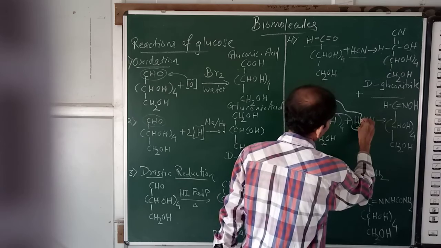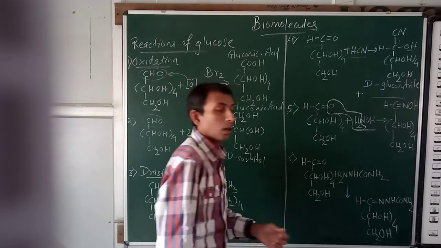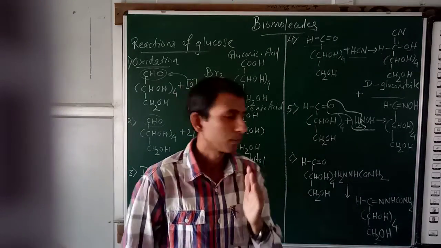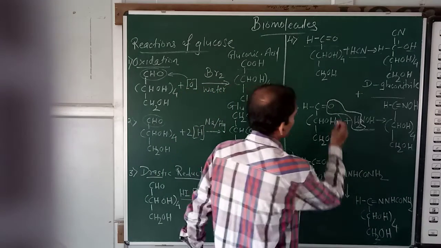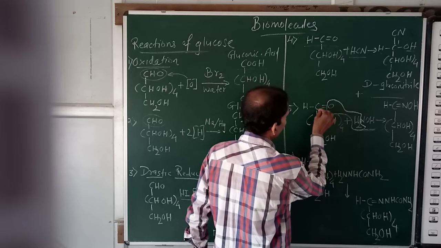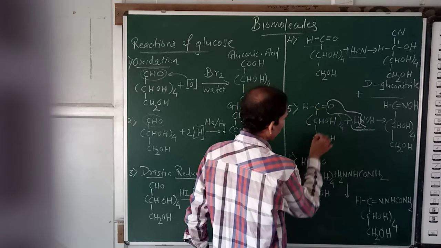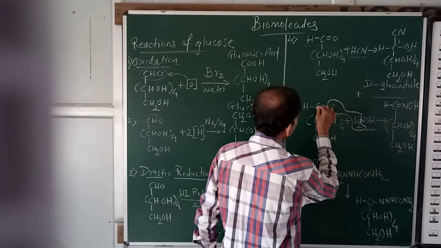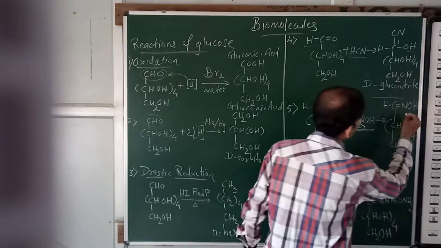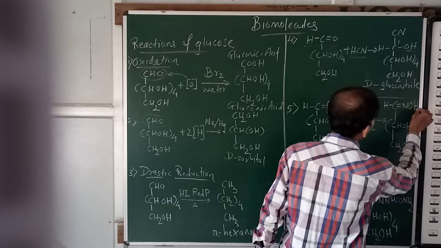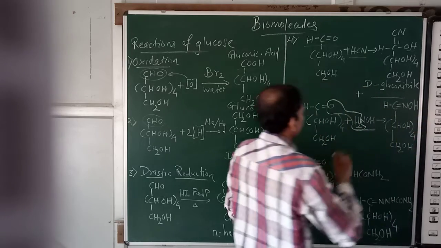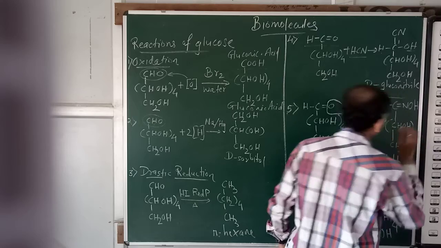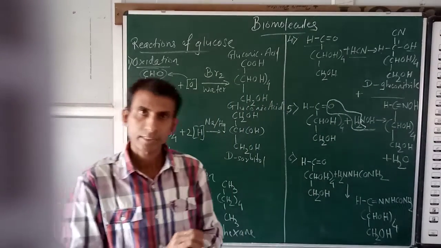From hydroxylamine, two hydrogen atoms attached to nitrogen and the oxygen atom attached to this carbon atom of glucose will form water, and the OH group gets attached to nitrogen, giving CH=NOH. The remaining part is the same. Here you can write elimination of water also. So the reaction is balanced.